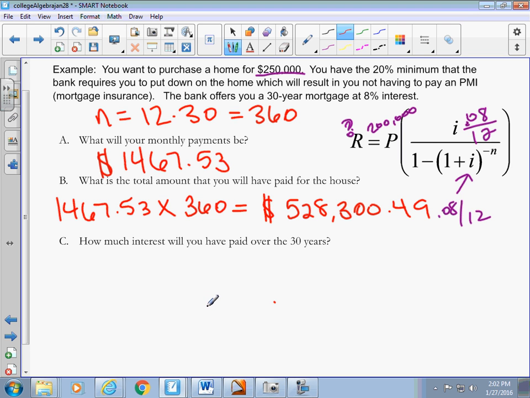Say about $250,000. So I put the 5. I got 493. I took that off.